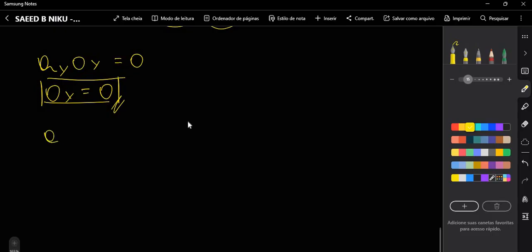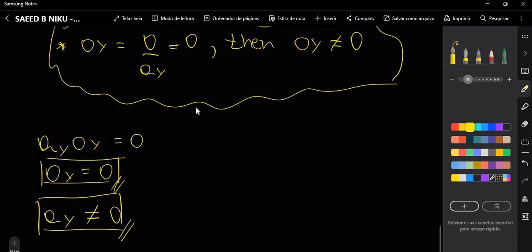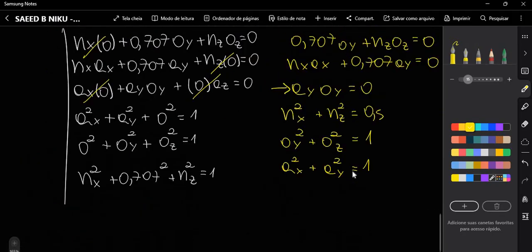And necessarily Ay needs to be different from 0. And now we can use this information to solve the other ones.